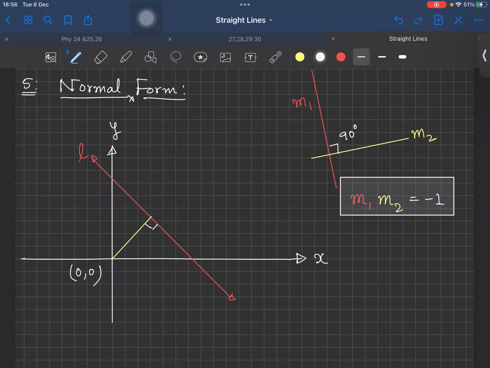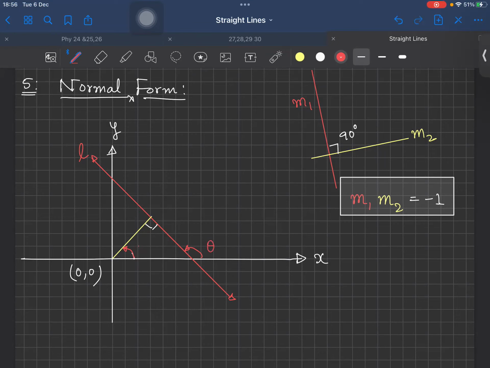And the slope of the perpendicular is given by omega, or let's say theta, because we are already using theta for this slope. This is theta, and this is, let's say, alpha or omega. In your book, it is represented by omega, so let me use omega.